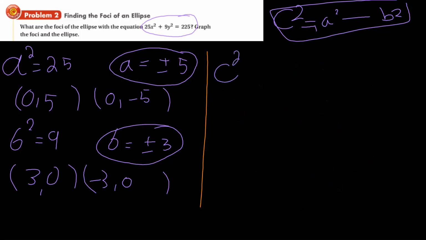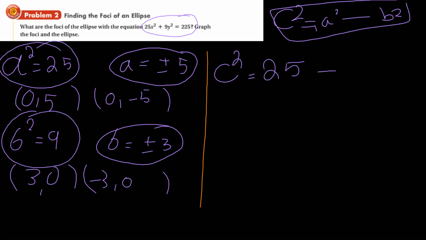So the one you are doing is the vertices, right? Yes, the vertices and the co-vertices. C squared: A squared is 25, minus B squared is 9, will be 16. So C squared is 16. So what are the coordinates of the foci?